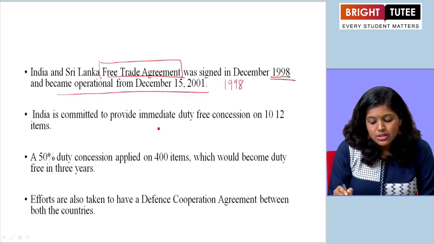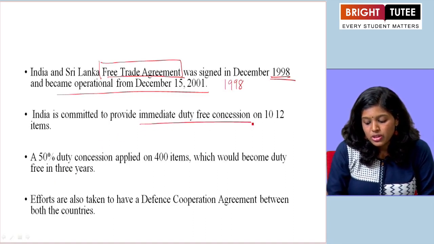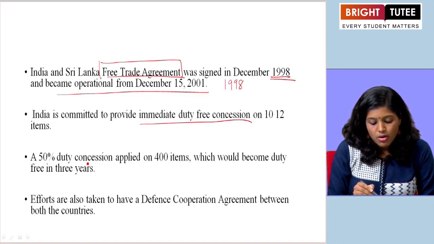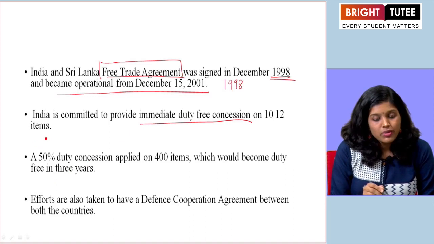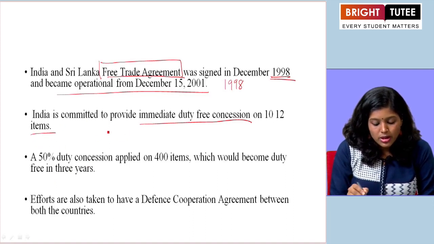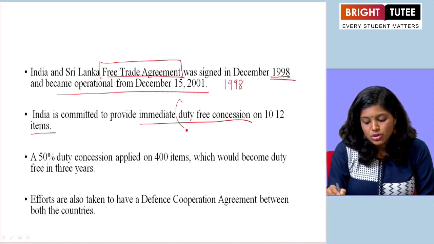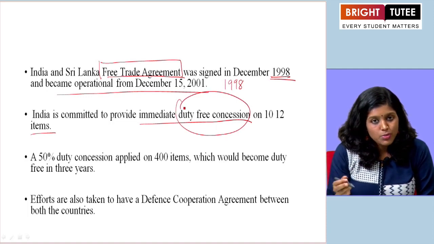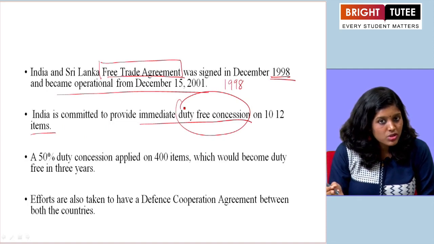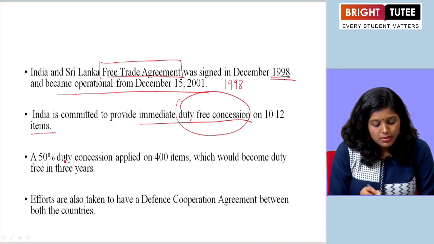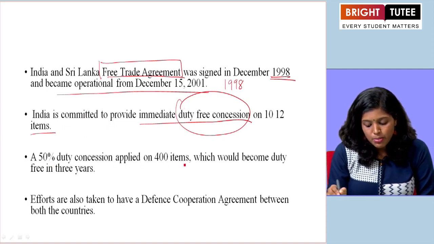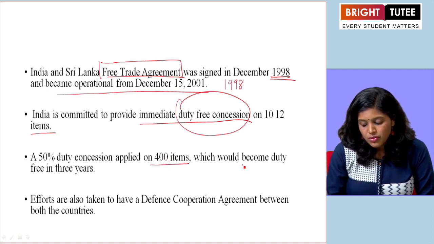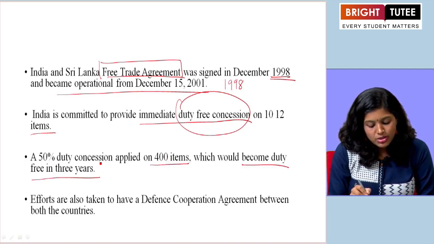India is committed to provide immediate duty-free concession on 10 to 12 items, and a 50 percent duty concession applied on 400 items, which would become duty free in 3 years.